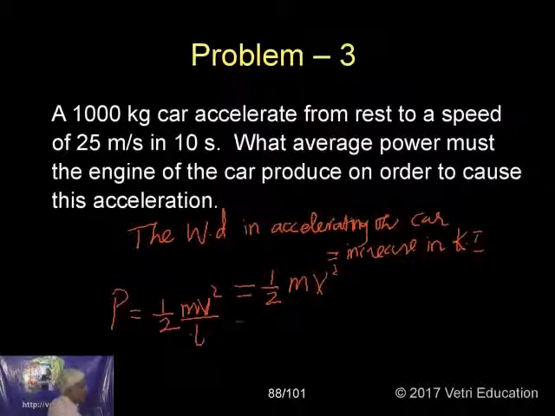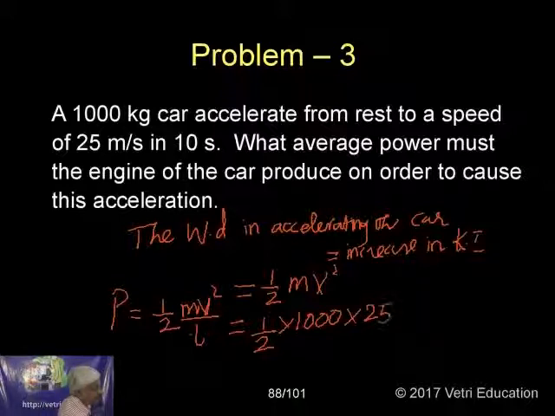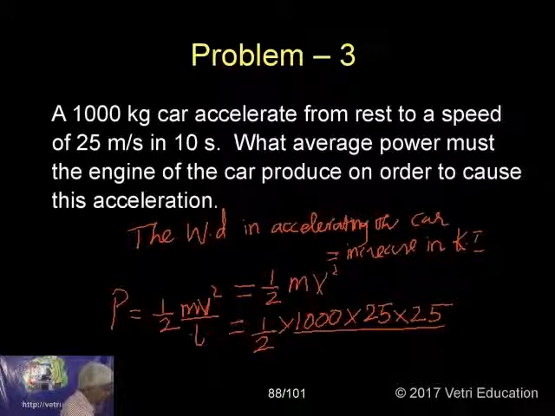Then substitute the given parameters: mass 1000, into velocity 25 meters per second squared, therefore 25 into 25, of mv square. This is all happening in how much time? 10 seconds. So this may be cancelled out.